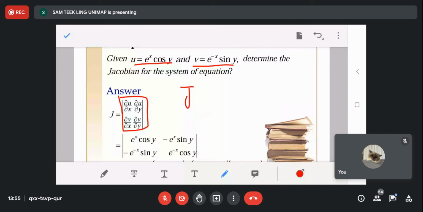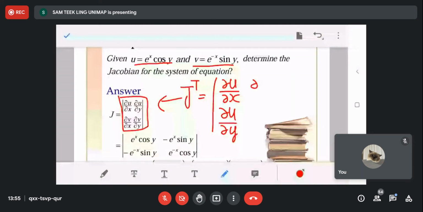This one also can be written as J transpose: del u del x, del u del y, del v del x, del v del y. Your J or J transpose will give you the same answer.